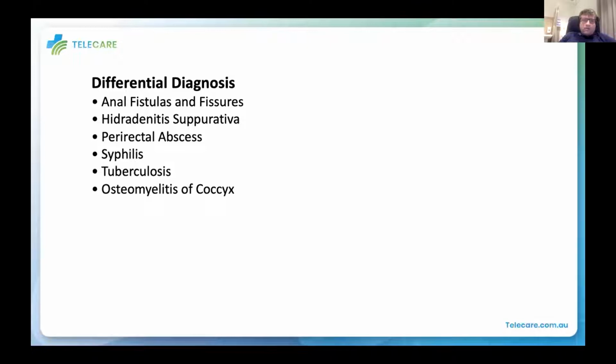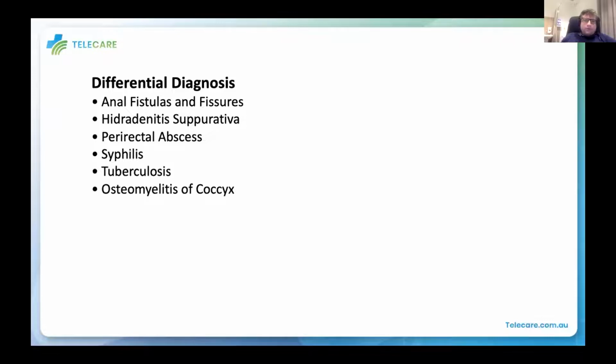Hidradenitis can present in this area, although typically the patient will have hidradenitis on other parts of the body and a history of that. Perirectal or ischiorectal abscess can present in this way, but usually closer to the anal area, and also more typically not directly over the sacrococcygeal region.